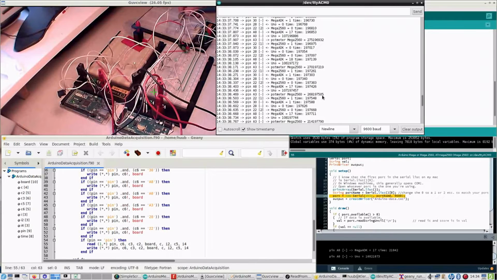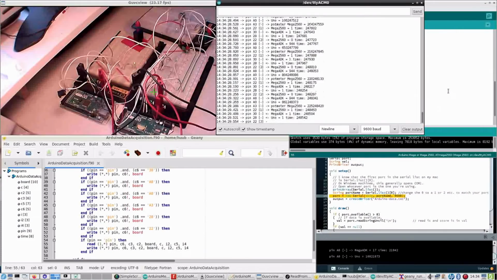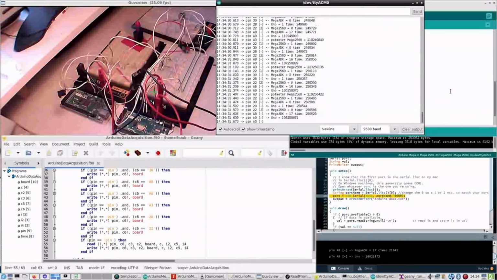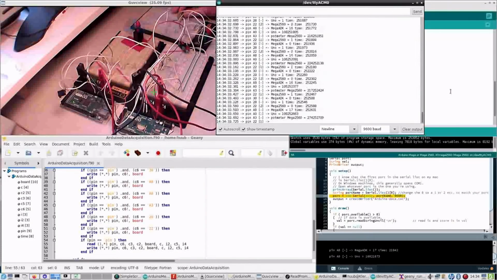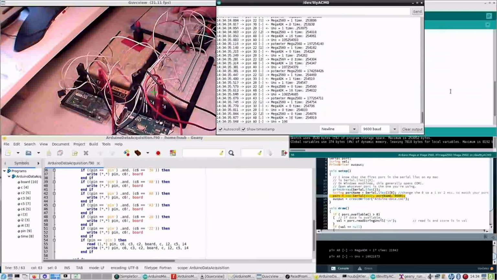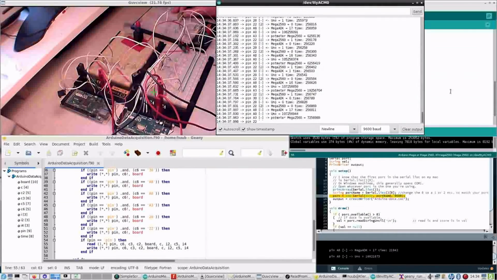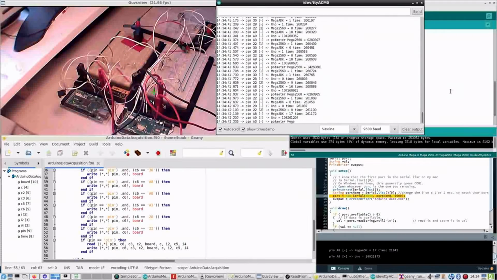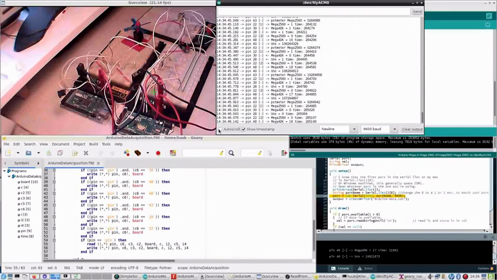So if I now turn the Potmeter, and let me just scroll along, then they basically have to show the same value. So this is a very low value, which has to be detected immediately, but it doesn't do it.